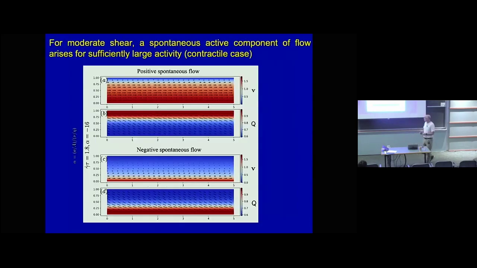You know, we can just look at the flows. Let's just focus on the top, the positive spontaneous flow. Again, the bottom plate is moving. It almost looks plug-like, although there is a little bit of strain or shear in the bottom here. And then as you go up to the top, it drops off very dramatically. So we see a kind of boundary layer in the flow.